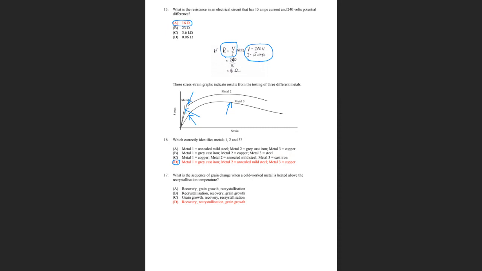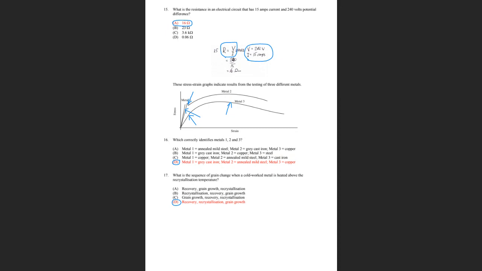Question 17, what's the sequence of grain change when a cold worked metal is heated above the recrystallization temperature? The D is the correct answer here. As you can see, the first thing that happens to a deformed grain structure when it's being heated is that it recovers.